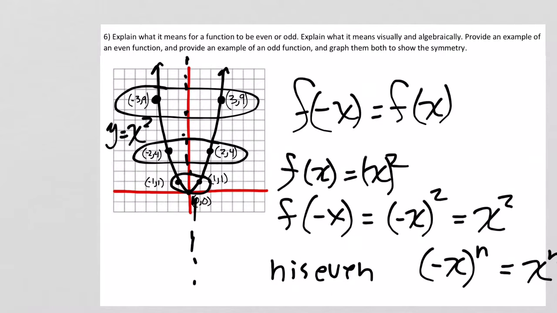So anything that has that perfect symmetry across the line x equals 0, the vertical y-axis, that's always going to be an even function. So if you think about what that means, it means I could shift this graph up or down, and it could still have that symmetry as long as that key middle thingy is still on the y-axis. However, if I shifted that graph, say, to the side like that, I now no longer have that symmetry.